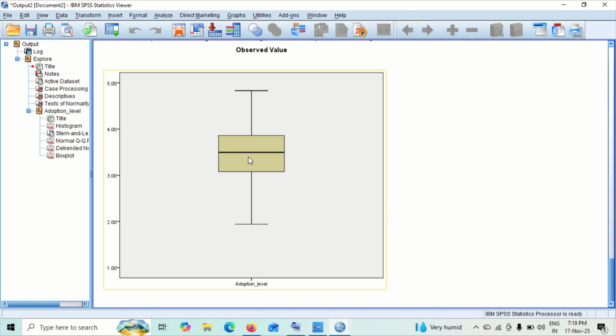The top of the box is around 3.5 and the bottom is around 2.5. Hence, no outliers appear beyond the whiskers in this plot. Overall, adoption levels are somewhat centered around 3, with most values between 2.5 and 3.5. Therefore, we can assume the normal distribution.